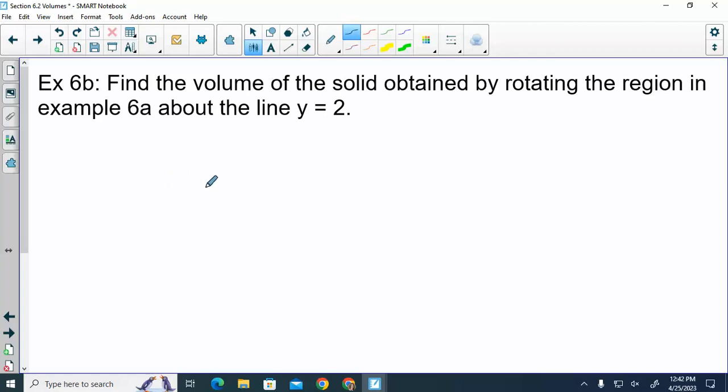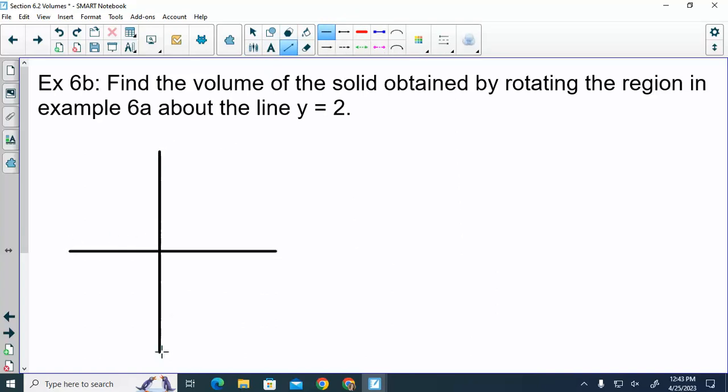Alright, so let's find the volume of the solid obtained by rotating the region in example 6a about the line y equals 2. So, I have the same initial setup. We had the y equals x and the x squared, right? Those were the two we started with.